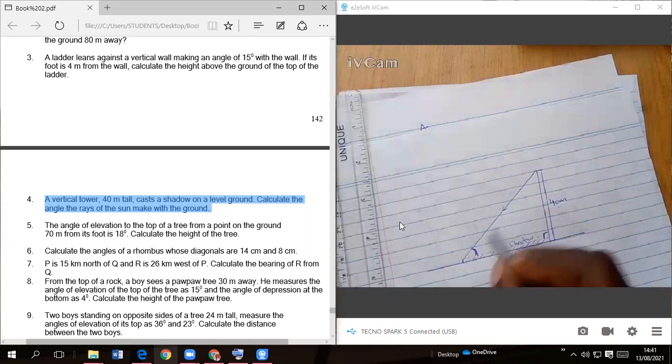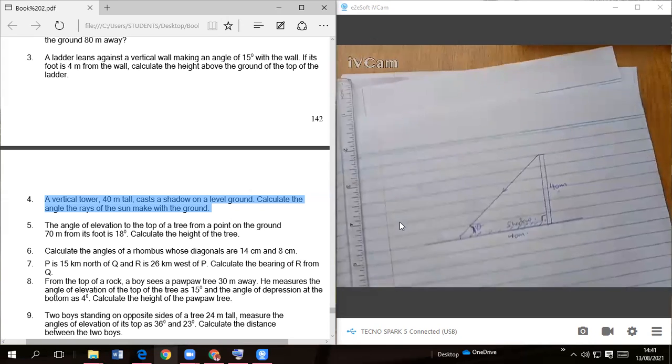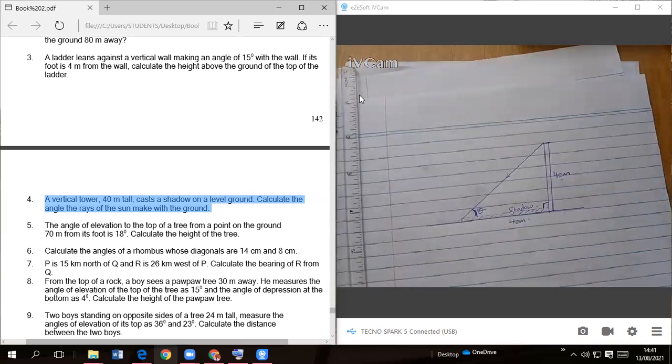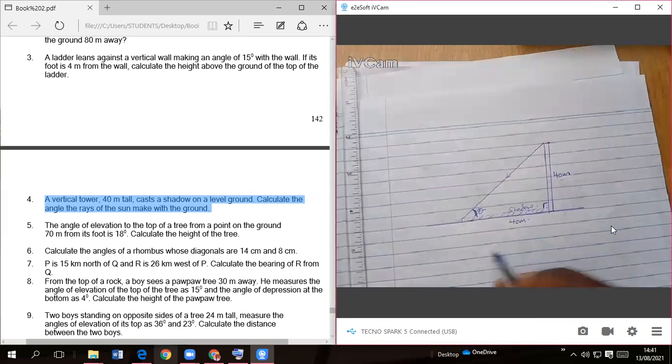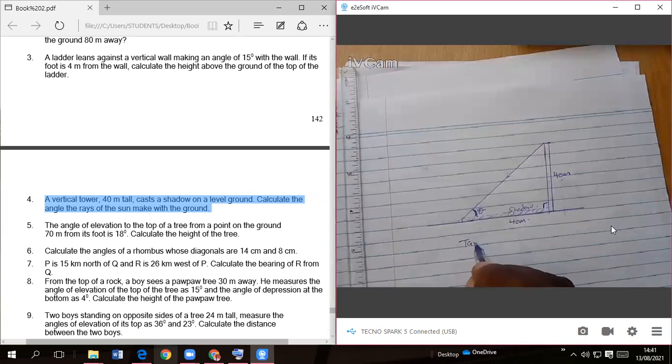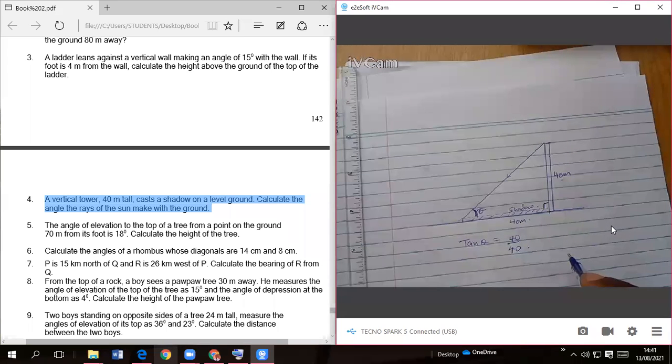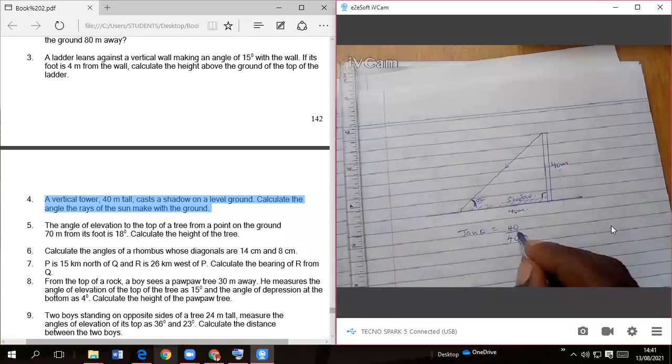That's the angle the rays make with the ground. So this is the shadow on the ground, and this is the building. We can say tan theta equals 40 over 40, which is 1.